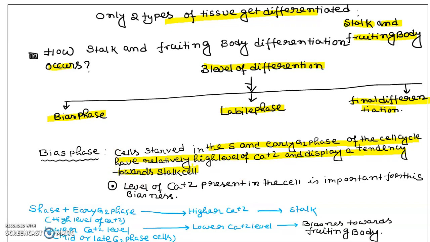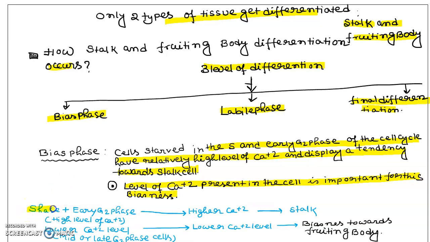So a high level of calcium leads to stalk cells. The level of calcium present in the cell is important for this biasness. If the calcium amount is higher, the cells will be stalk cells.